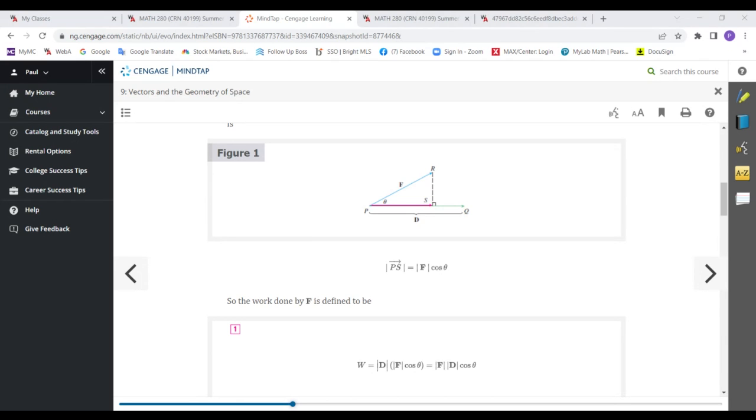That horizontal component of the force is equal to the magnitude of the force times the cosine of theta.